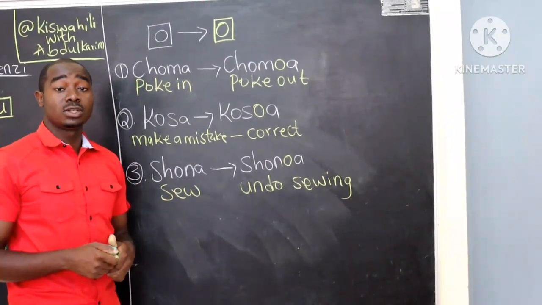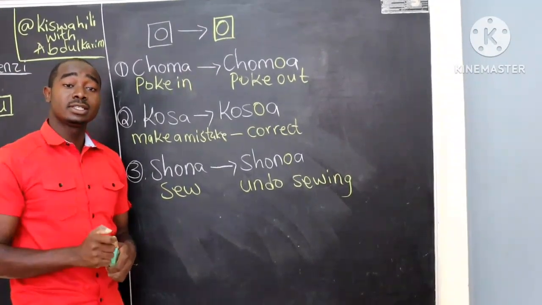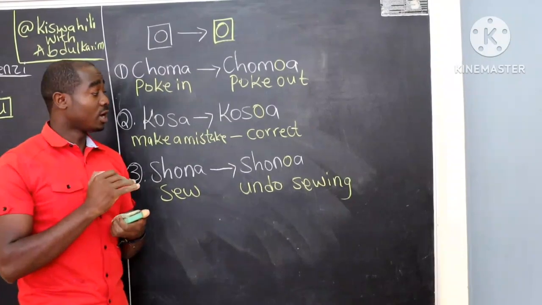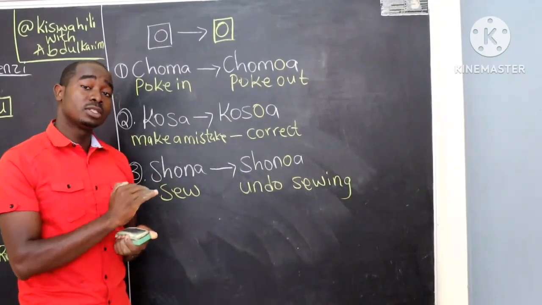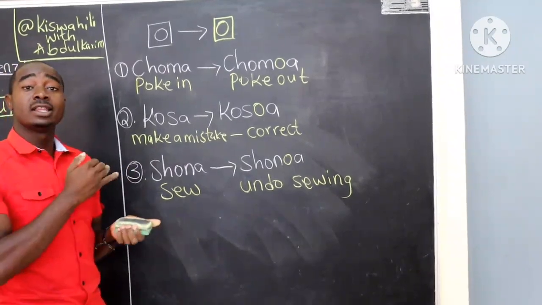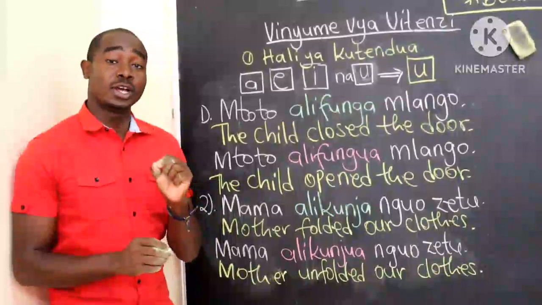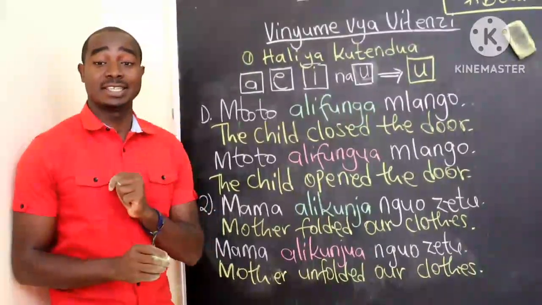Now, we will have examples in sentences, the sentences and their opposite. Sasa tuna mifano katika sentensi.